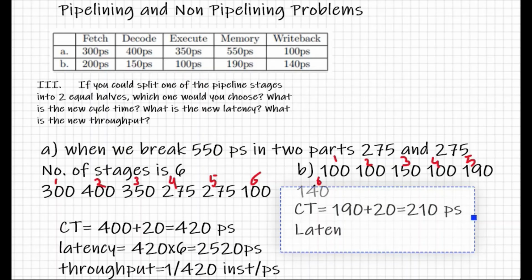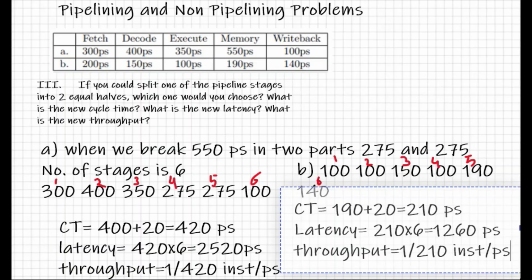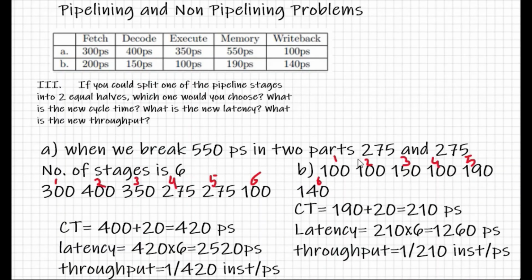Latency is equal to 210 multiplied with 6, and that will become 1260 picosecond. Throughput is equal to 1 upon 210 instruction per picosecond. Okay, so this is your whole question. These are for part 3. This is the new CT, latency, and throughput.